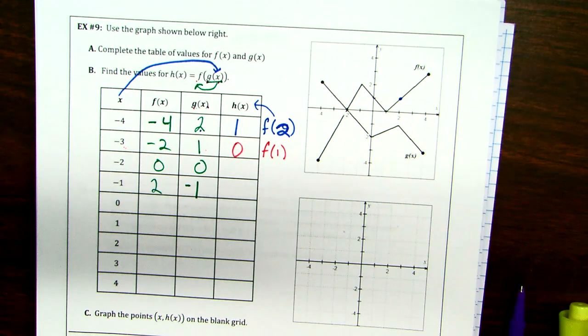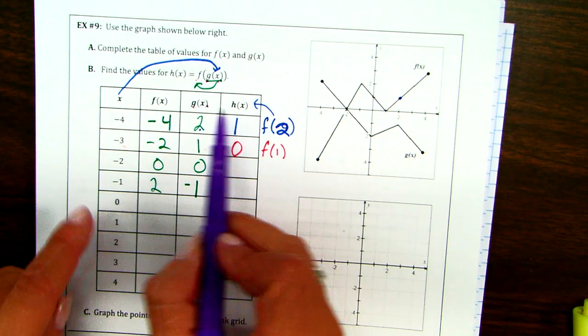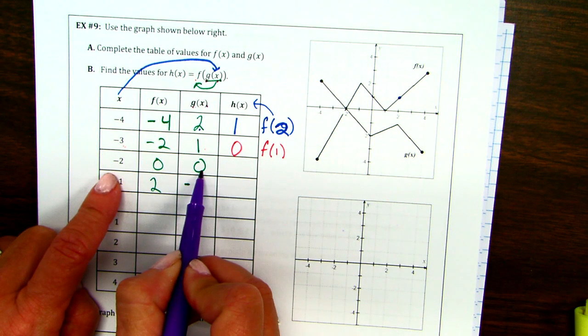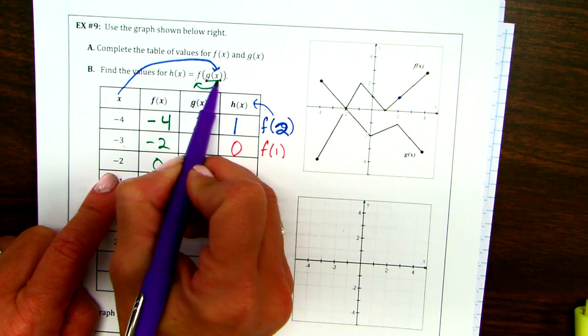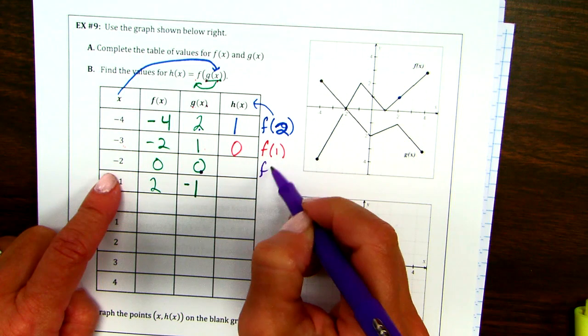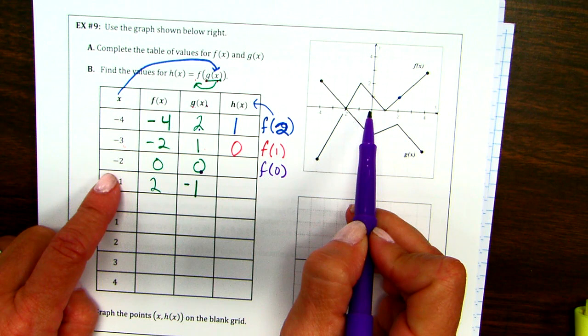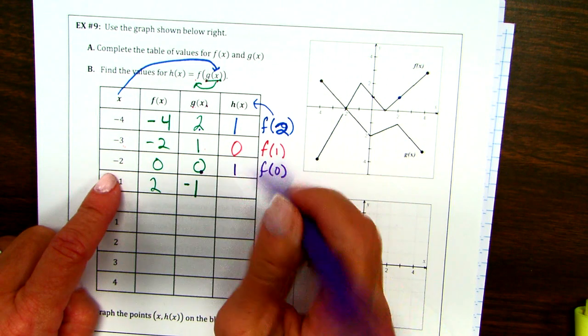This part can be confusing, as you can see. I messed up that first one. g of negative 2 is 0, so now I'm left with f of 0. f of 0 is 1.